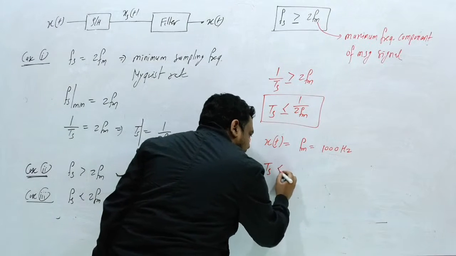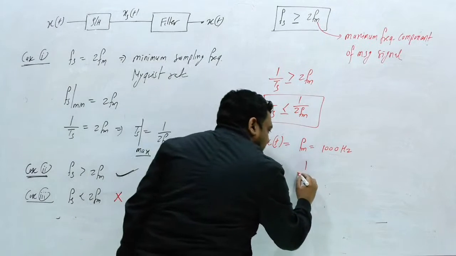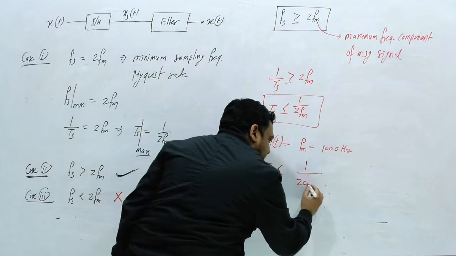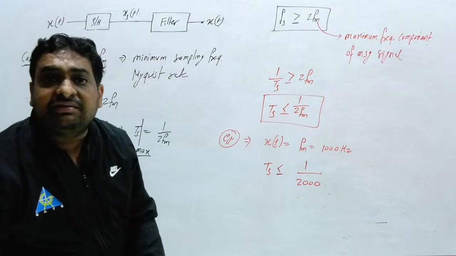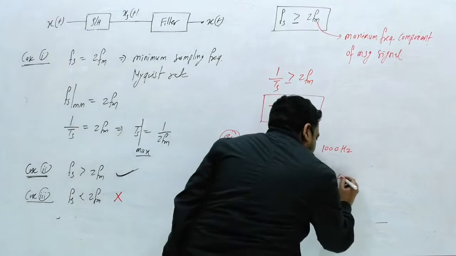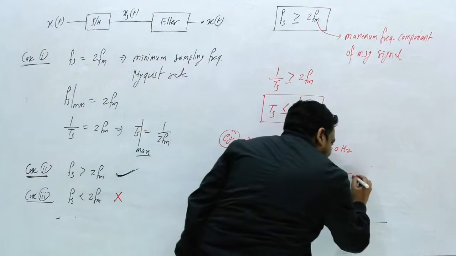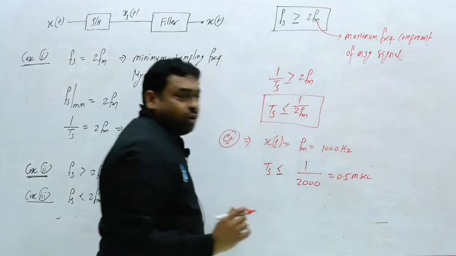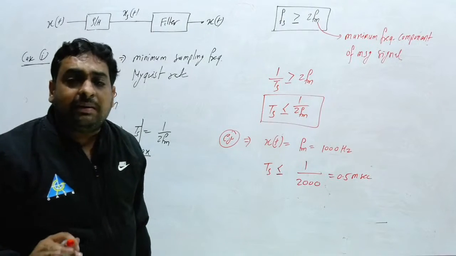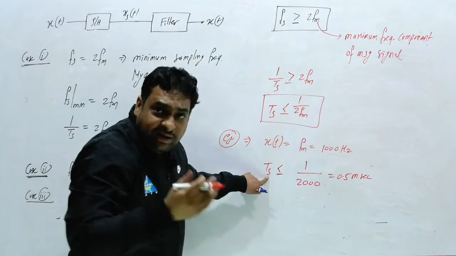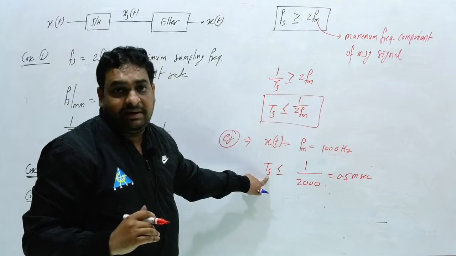Ts should be less than or equal to 1 upon 2 into 1000. This is 1 upon 2000, which is nothing but 0.5 millisecond. So what should be the speed of the sampler? Ts should be less than or equal to 0.5 millisecond.